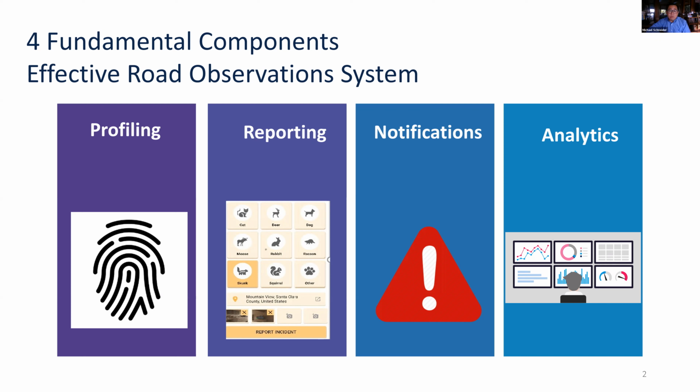And then the heart and soul of an observation system is really reporting. And we'll get into some of the details and key considerations in regards to reporting. And then eventually what gets reported gets sent as notifications to different stakeholders. So we'll talk about how to effectively do that.